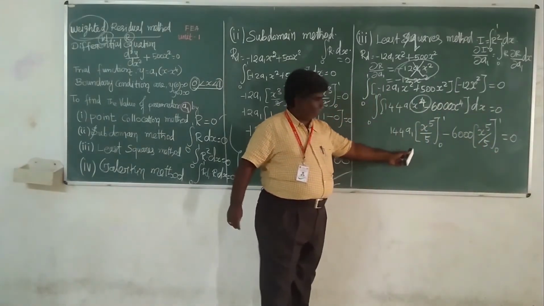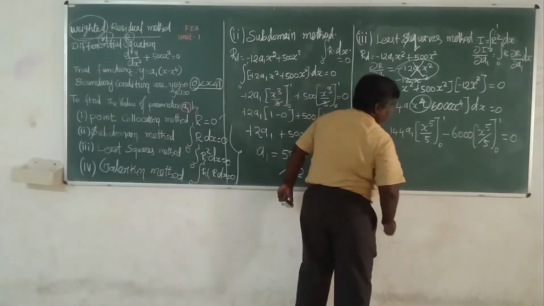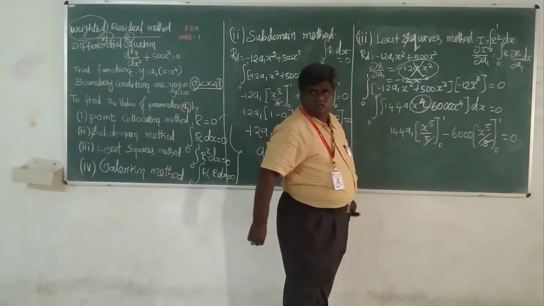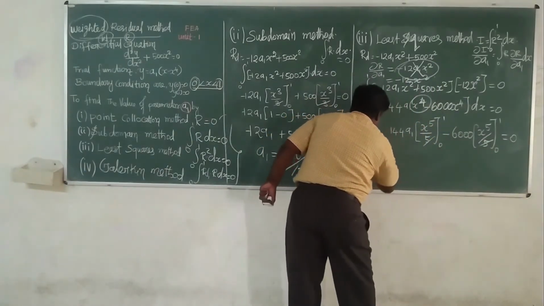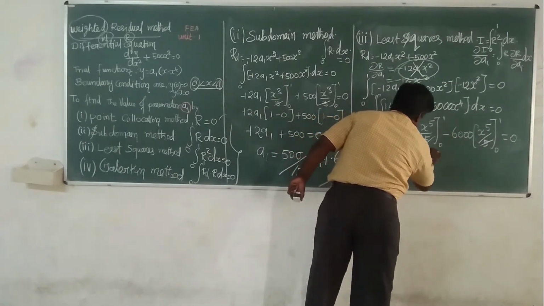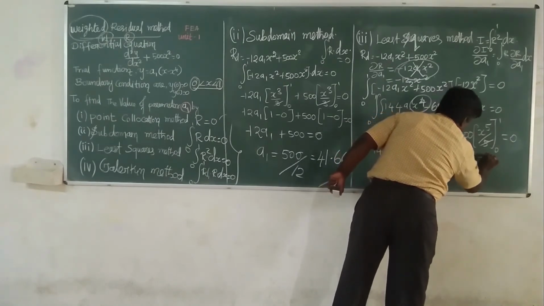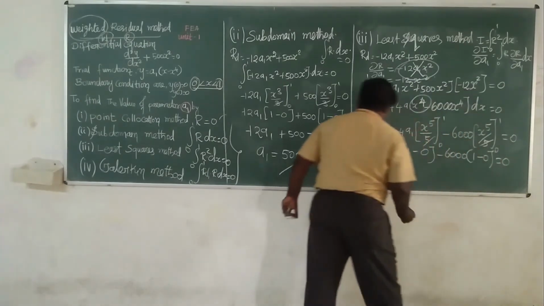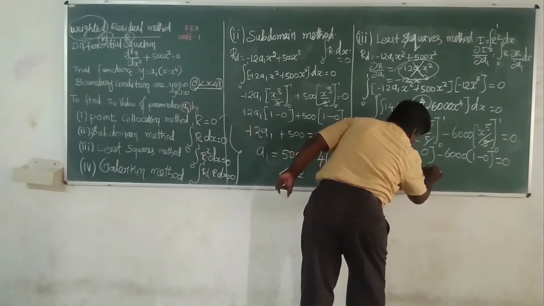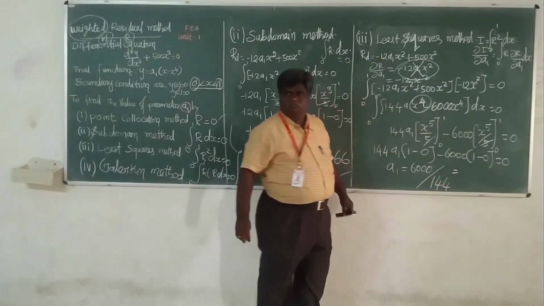Simplify this term by using your calculator. I think this common term we can eliminate. Then 144 a1 into 1 minus 0, minus 6000 into 1 minus 0 equal to 0. So a1 equal to 6000 divided by 144, 41.66.